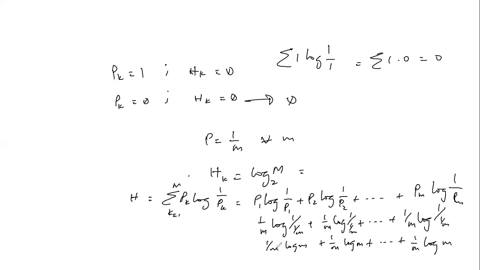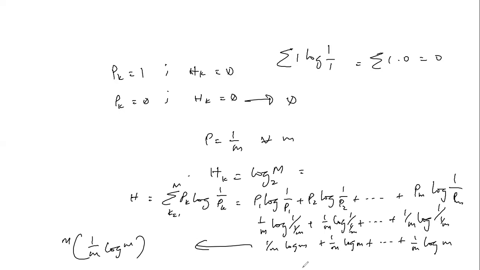So in this case, we have 1, 2, 3, 4, 5 to m, to the mth order of this element. So we have m elements here. So we can reduce this to m, 1 over m log m, right? So this is what we have here.